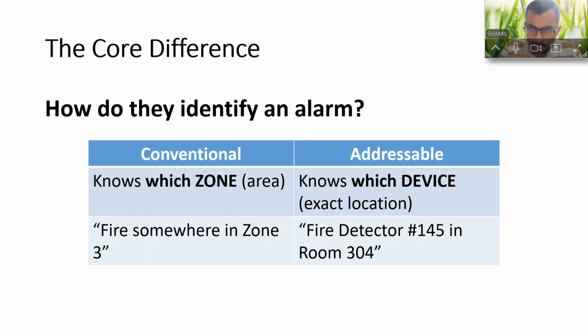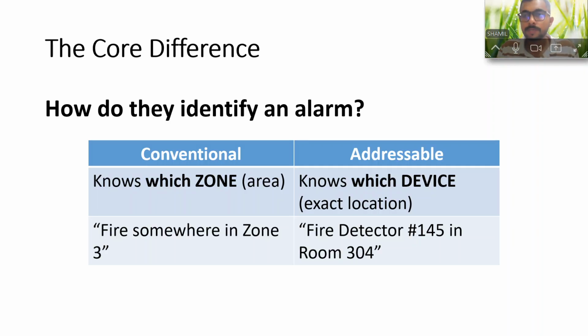When the fire gets activated in zone 3, the person might know where zone 3 is. It might be in the first floor, it might be in the mezzanine floor, it might be in this particular building. That information he might have. But the problem is that he needs to put in some effort to find where that particular device got triggered. That is a limitation of the conventional system.